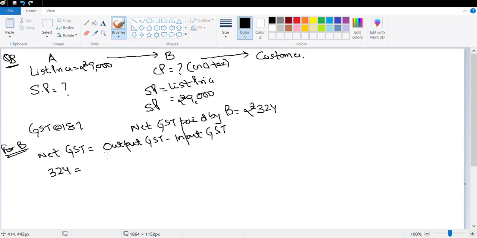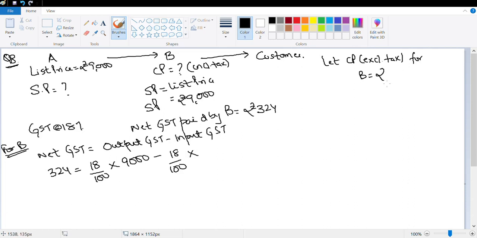Output GST is 18% of selling price, which is 9,000, minus input GST, which is 18% of cost price, which we don't know. So let CP excluding tax for B equal rupees X. Okay, let this be X. So let's see what can be done.